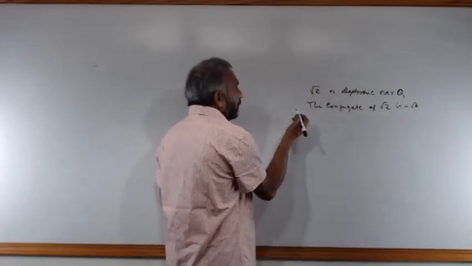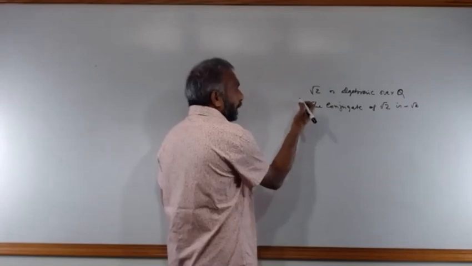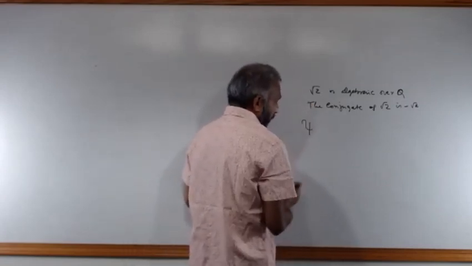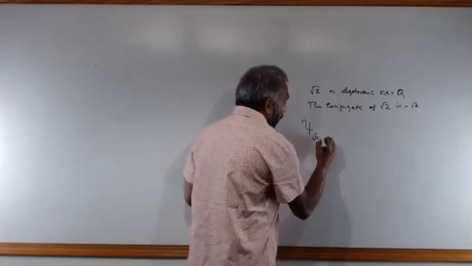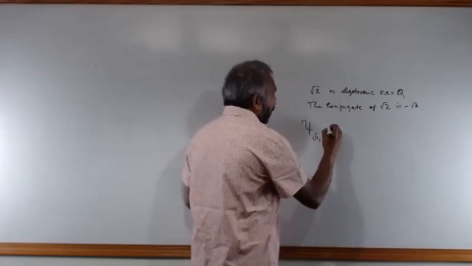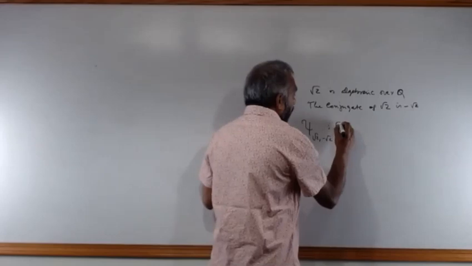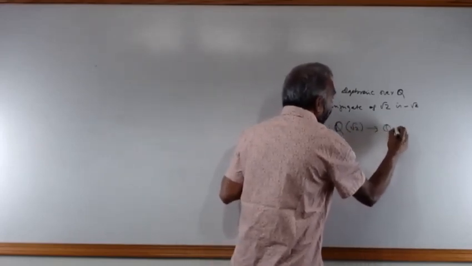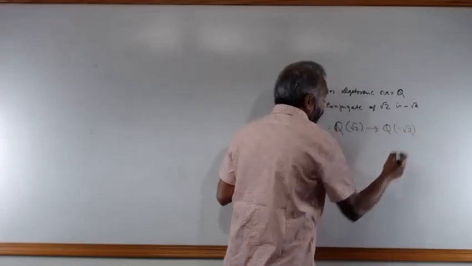So we can always think about a conjugate isomorphism, that is psi of root 2 comma minus root 2, that is from Q of root 2 to Q of minus root 2.